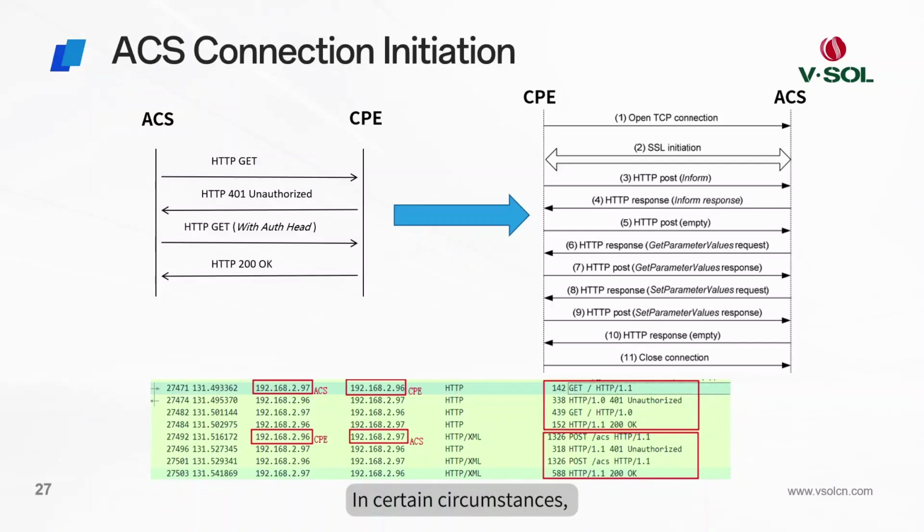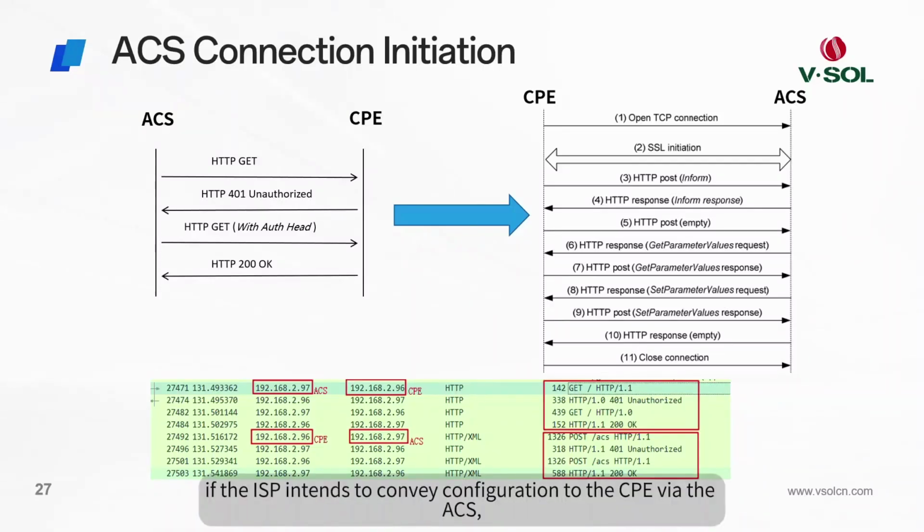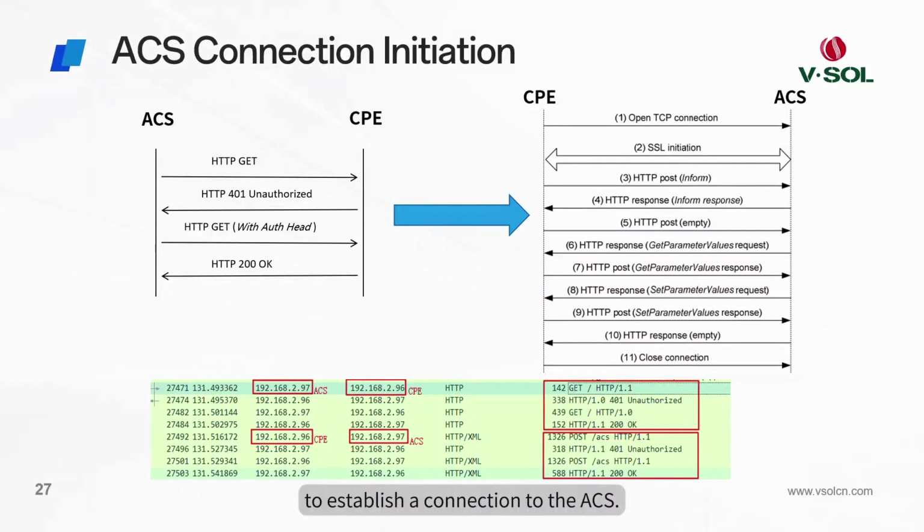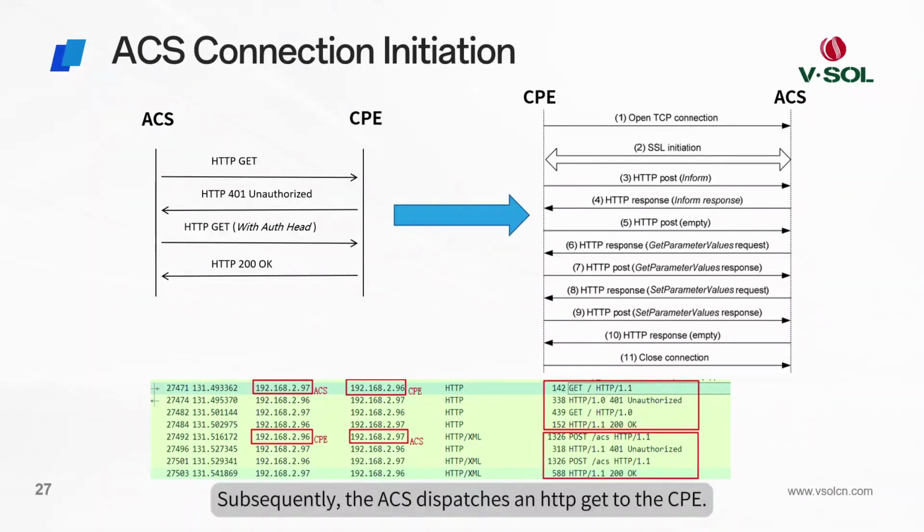In certain circumstances, if the ISP intends to convey configuration to the CPE via the ACS, the ACS is required to initiate a session and solicit the CPE to establish a connection to the ACS. Subsequently, the ACS dispatches an HTTP GET to the CPE.